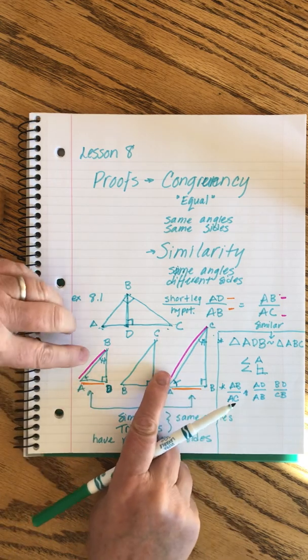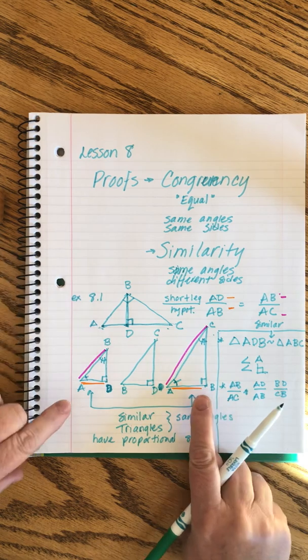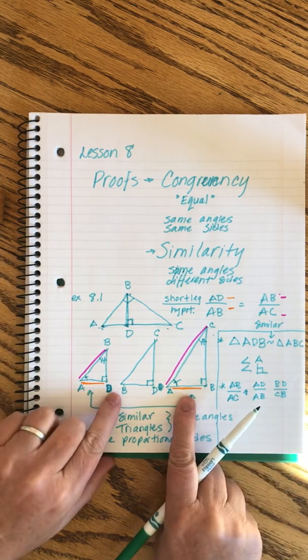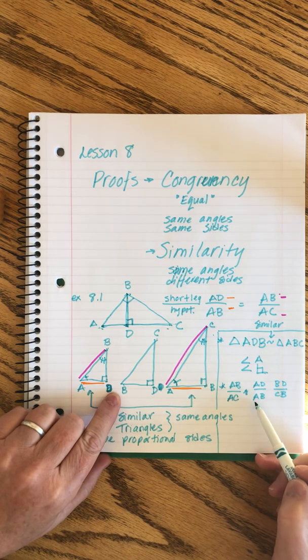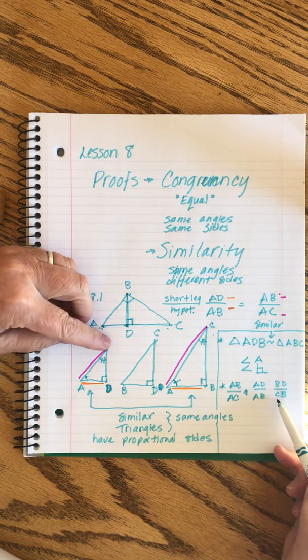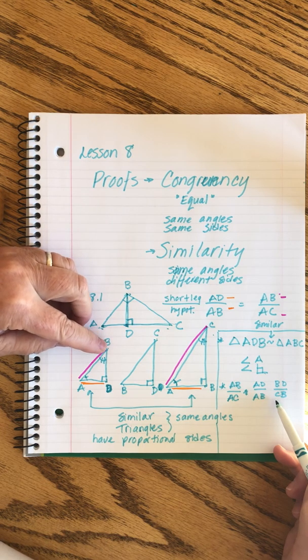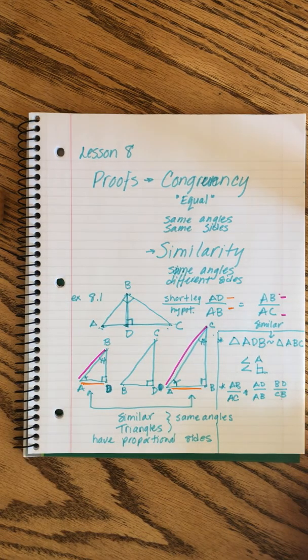This is the middle. The pink ones are the first ones, right? AB to AC, that's what I have here. The middle one is the bottom ones, AD to AB, that's what I have there. Smaller triangles always on the top, larger triangles always on the bottom. And then the third set of pairs is BD to CB. That's the third set of pairs.